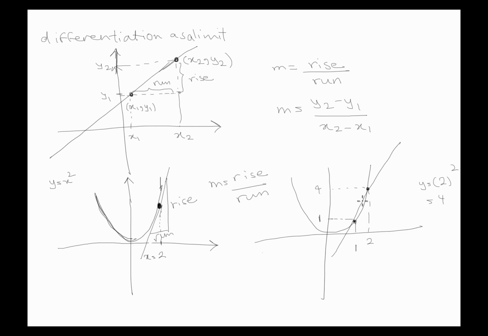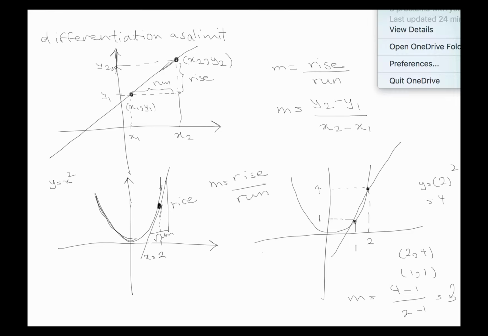Now I have two ordered pairs, 2 and 4, and 1 and 1. To find the gradient, I just do 4 minus 1 over 2 minus 1. That's just 3 over 1, which is 3. So that's the basis of it.